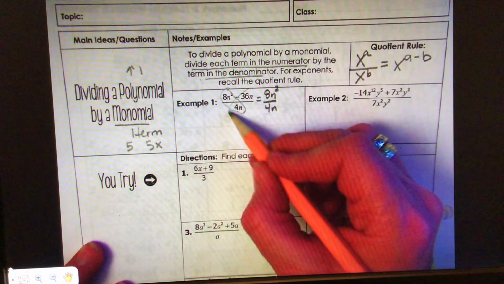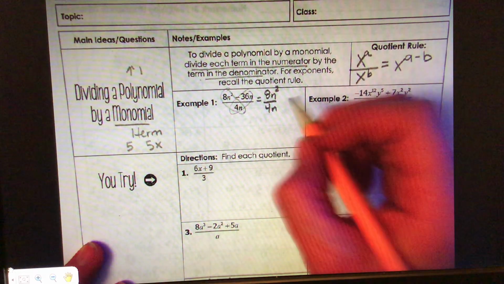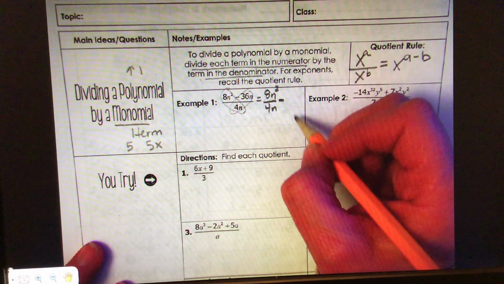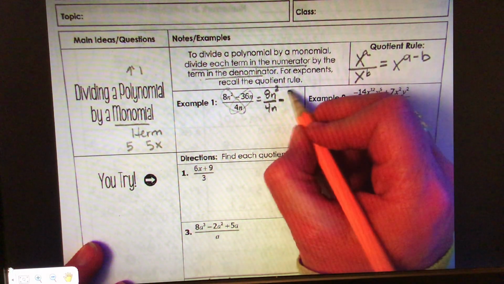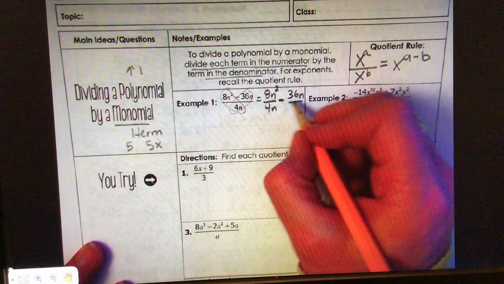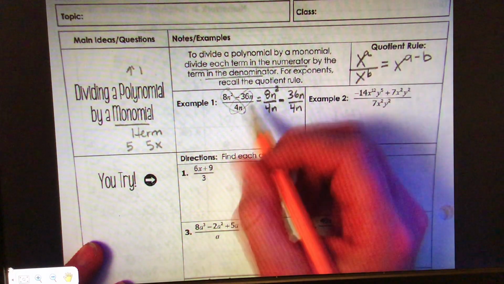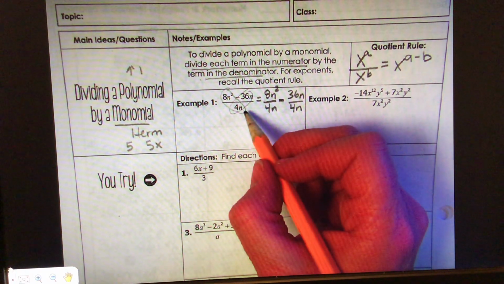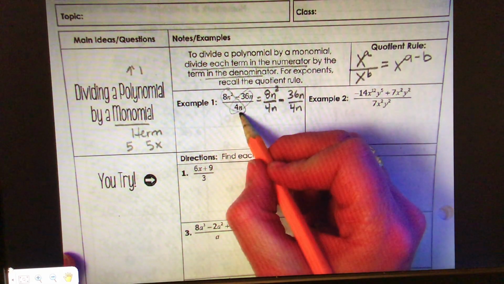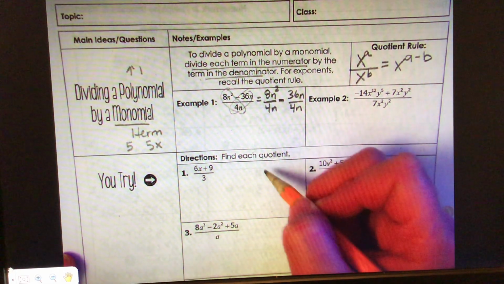Now, let's just deal with this part. It's a subtraction problem, so hold on to your operator, and then you're dividing 36n by 4n. Notice it's a denominator, it should be a common denominator because it's only one thing. So make sure that that is the actual denominator.